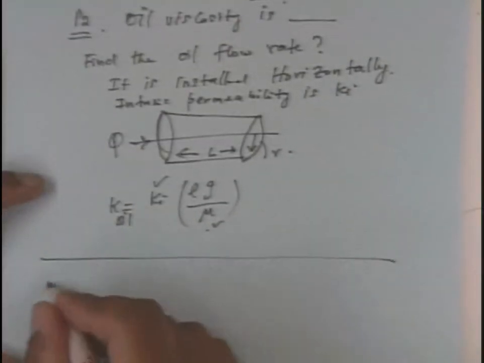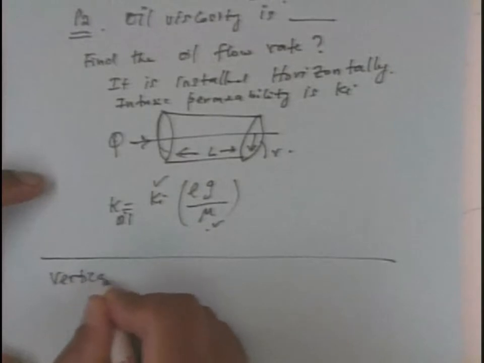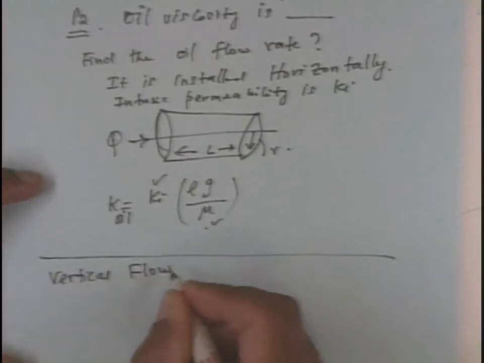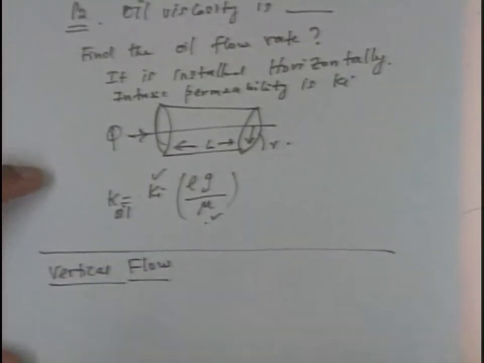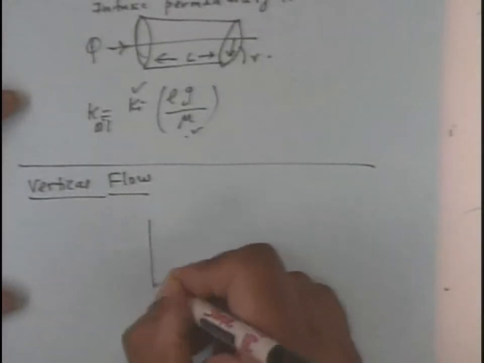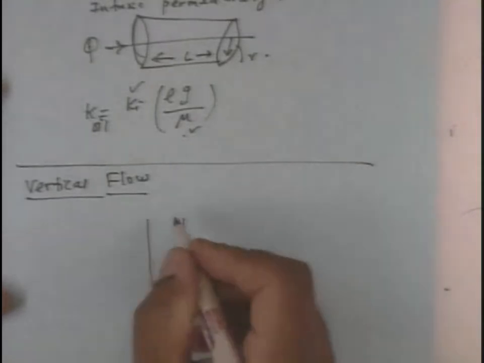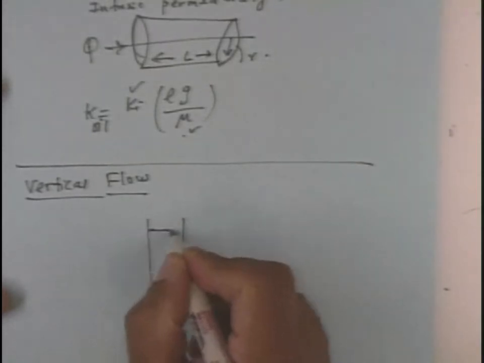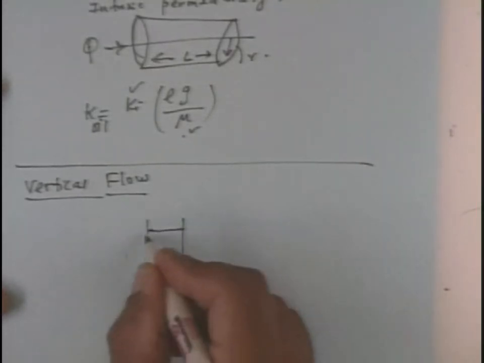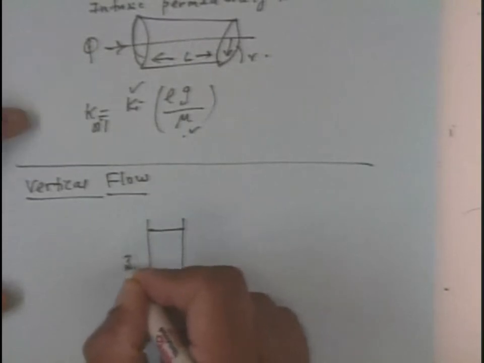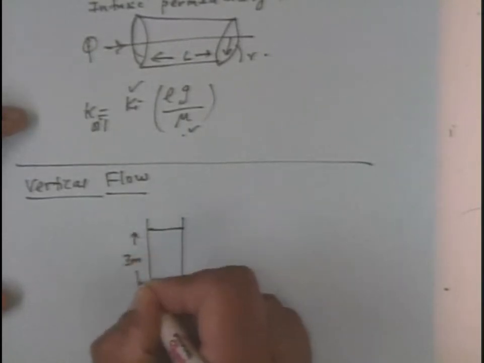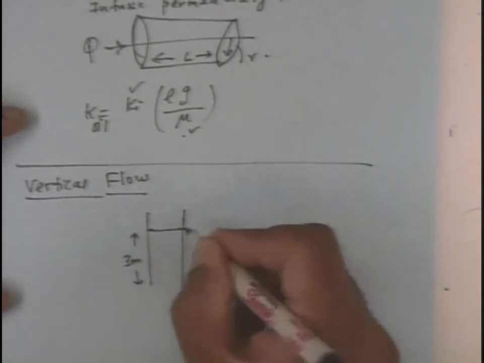Now the second set of problems could be vertical flow. A simple situation is just a vertical soil column. Here is a soil column, packed up to this length, say 3 meters.